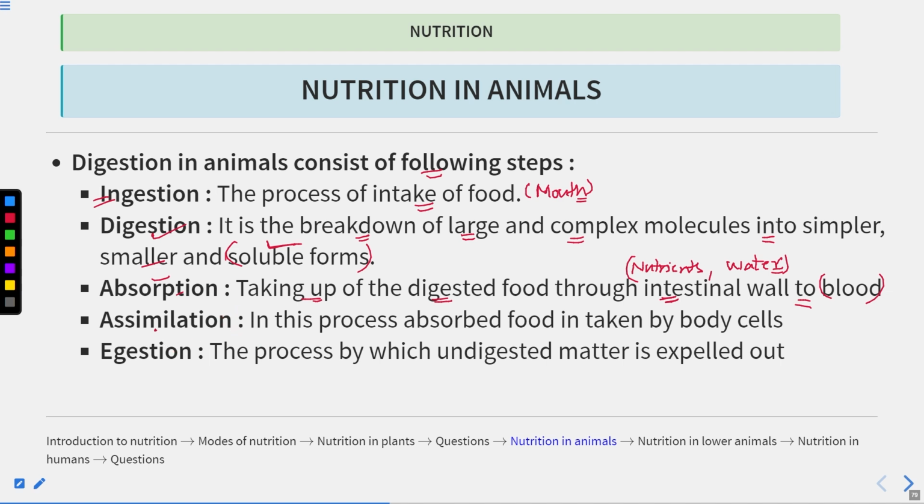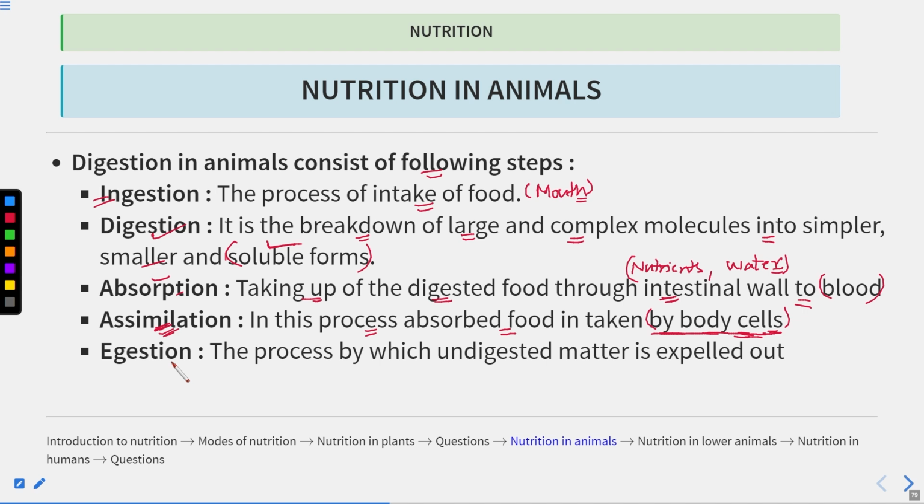Now the fourth step is assimilation. Assimilation is also a very important step, otherwise the body won't get the energy. In this process, the absorbed food is taken up by the body cells. All the nutrients and minerals are taken up by the body cells, and now they can use this energy to do various processes.